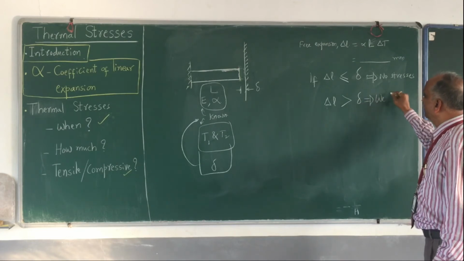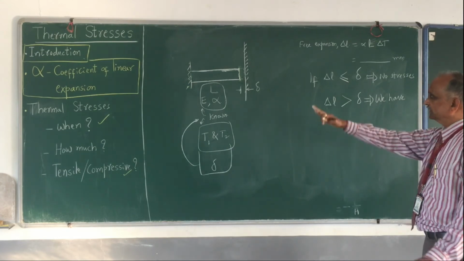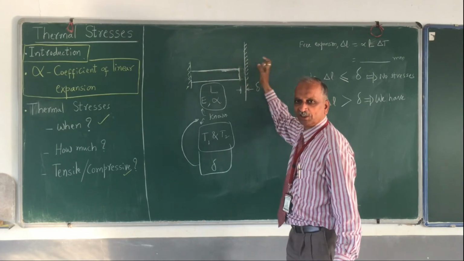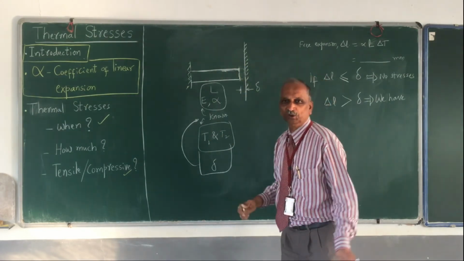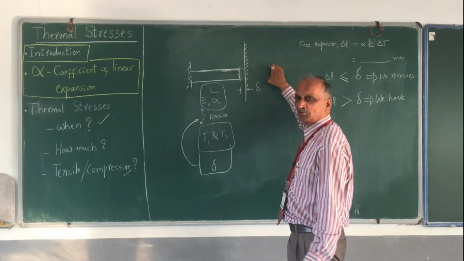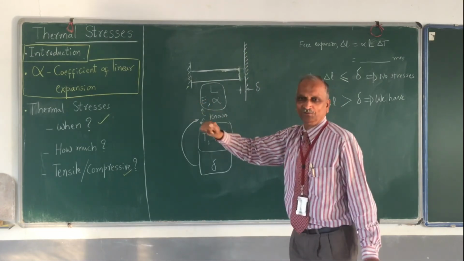What type of stress do we have? The bar wants to go beyond this wall, and the wall is not going to allow it. The bar wants to cross this. The wall is there and it is going to apply force now.